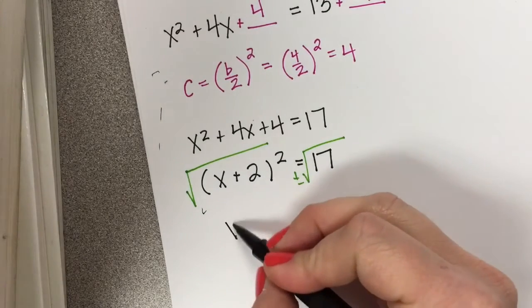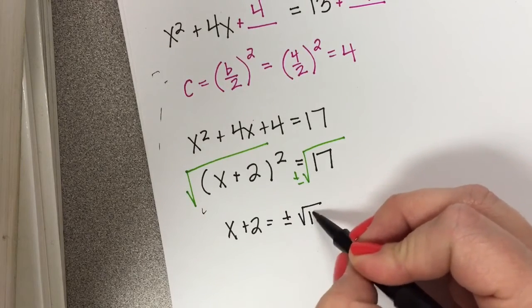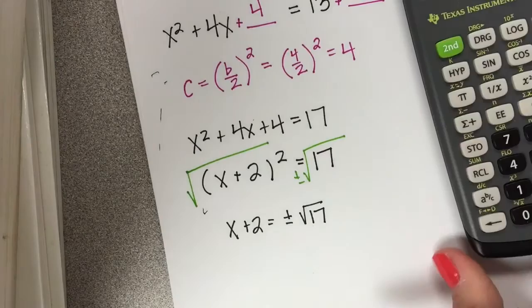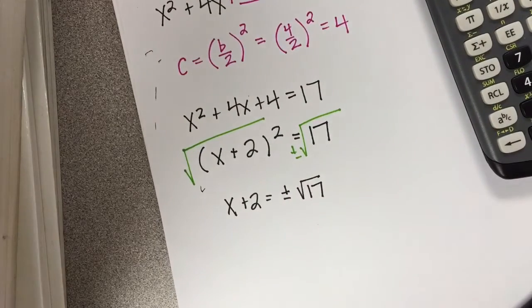So that leaves me with x plus 2 equals plus or minus the square root of 17. I don't know the square root of 17, so I'm not going to try to work that out yet. So what I'm going to do, sorry, I was getting out a calculator, is subtract 2 from both sides.